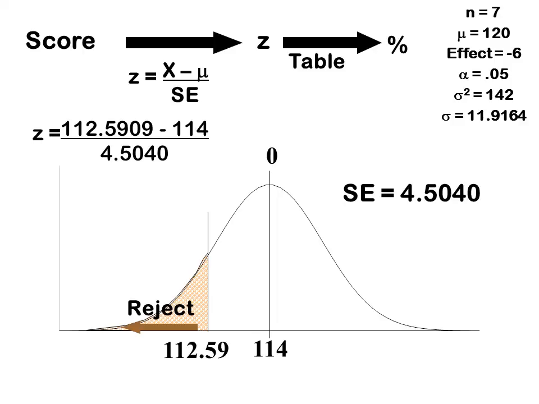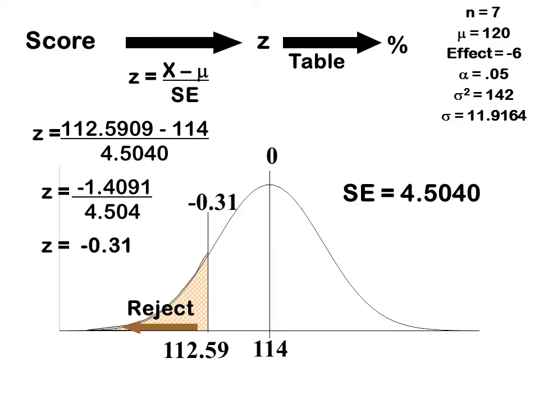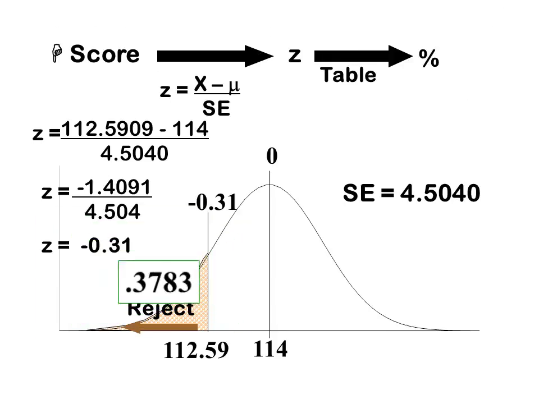And we're dividing that by our standard error. That gives me negative 1.4091 divided by the standard error. And that gives me negative 0.31. When I go to the z table and I look up negative 0.31, I get 0.3783. So that is the probability of correctly rejecting the H0 when the therapy really does work.